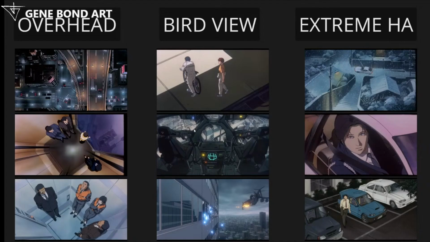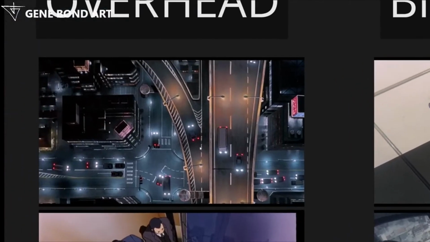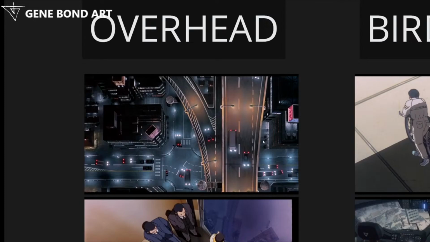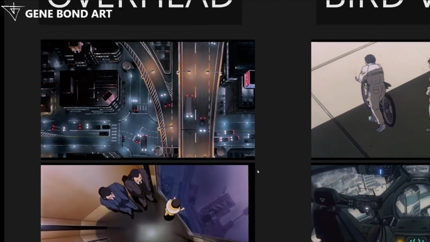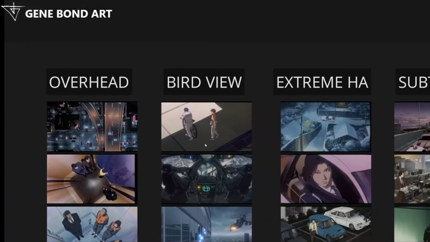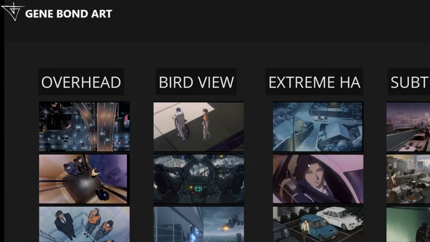No, you go directly into the visual language of your medium and break it down. You look for typical angles, typical compositions. It's like visual tropes.